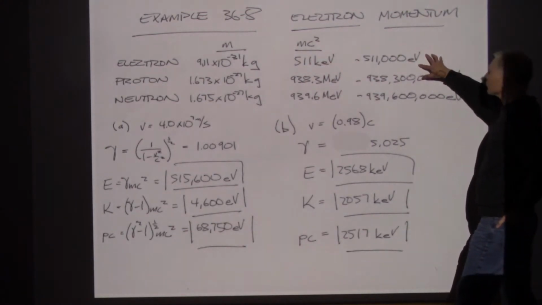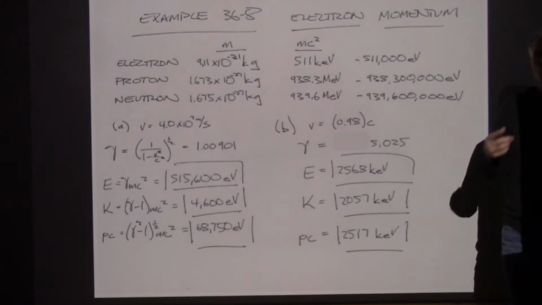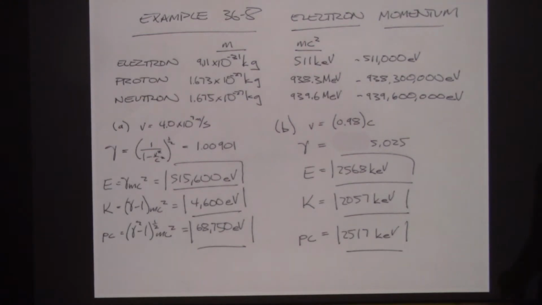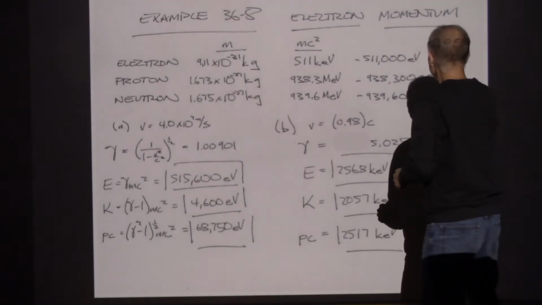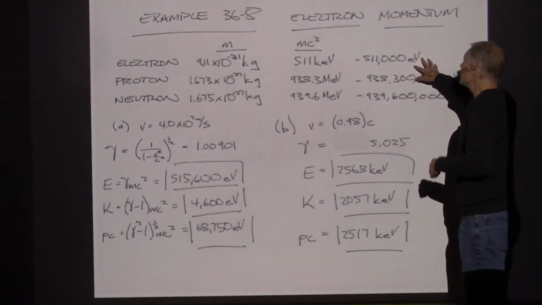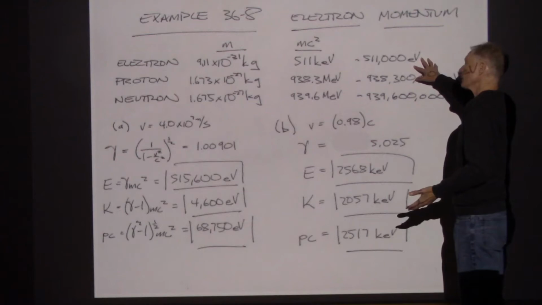And once we get down to the level of particles, we're going to be using these eV energy units a lot. We first introduced these back in chapter 23. I know that was a long time ago. But now we're going to come back and use the eV units relentlessly.